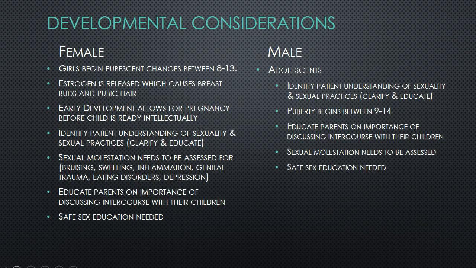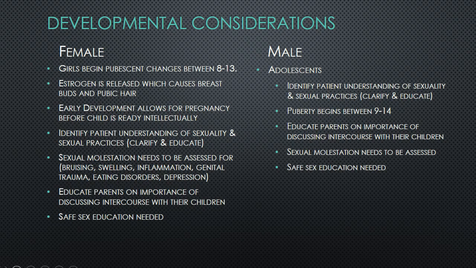Some more developmental considerations. So remember, the female begins puberty earlier than the boy. So in the girl, you might notice female pubescent changes as early as 8. Their puberty happens between 8 and 13, and in boys it's between 9 and 14. Estrogen is released when they go through puberty, and this causes breast buds and pubic hair, and eventually will cause menstruation.